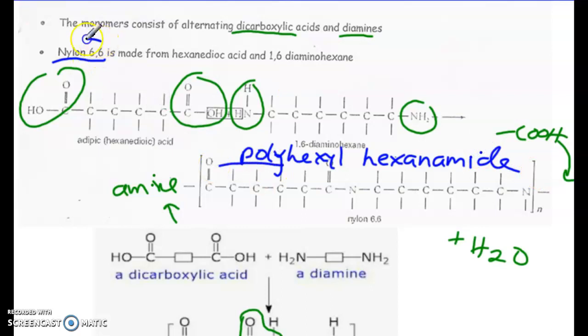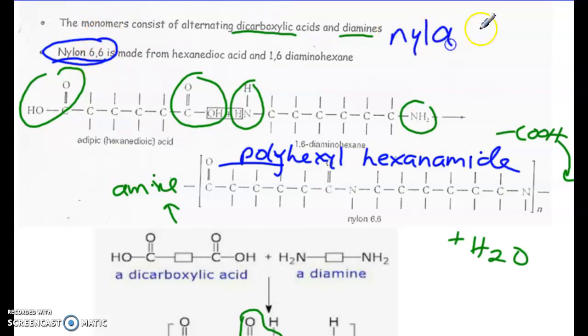But if you look at a name that says nylon and then there's a number, comma, number. So the first number is always referring to the number of carbons on the diamine. The second number is the number of carbons on the dioic acid. So nylon 6 means a hexyl group for each one.